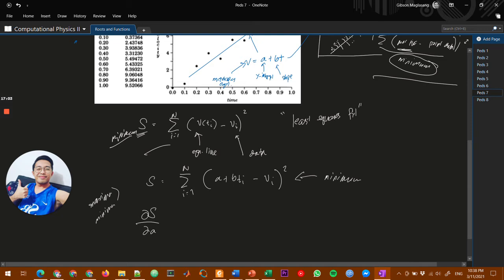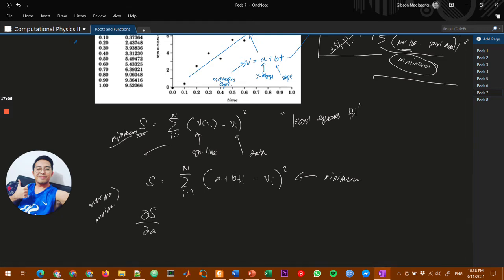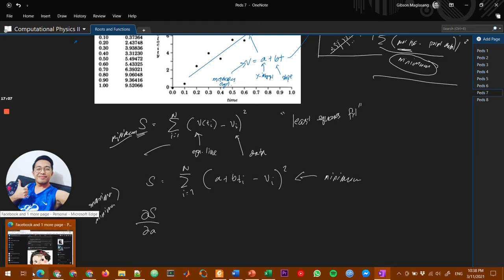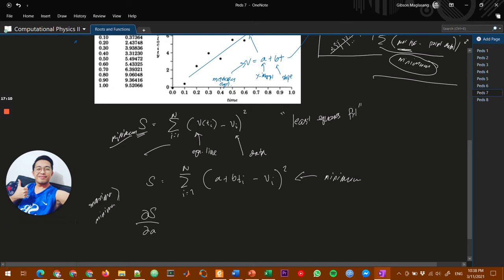So we have to evaluate the derivative of this function s with respect to a, and dapat 0 na siya. Okay? Okay, it's like this. Kasi ang curve nimo sa imuhang, this is your curve. Where do you think is the minimum? If the derivative niya or maximum, let's say, ano lang.